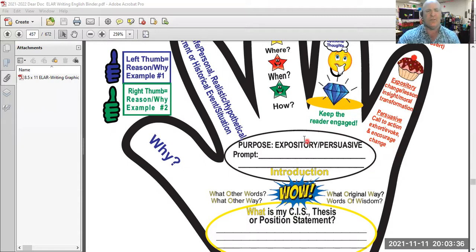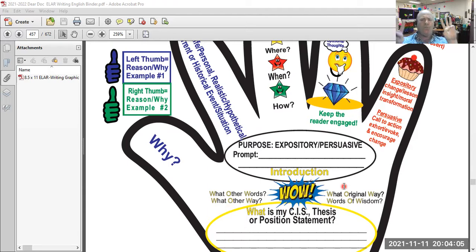So the ending is going to have to sound a little bit different if you're trying to get 3s and 4s in persuasive. So if you look down here, once you understand, you think of this little section here as the red light, and your introduction, you want to try and get a 3. What other words can you use besides the exact words of the prompt, the topic? What other way could I start instead of starting the same way as everybody else?